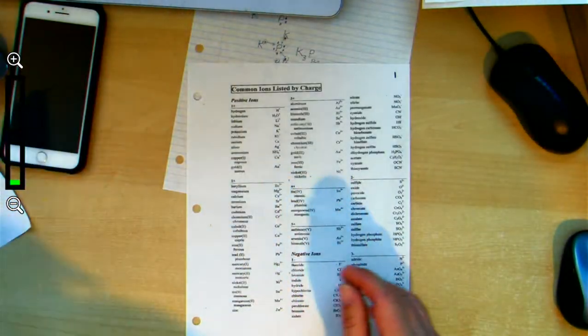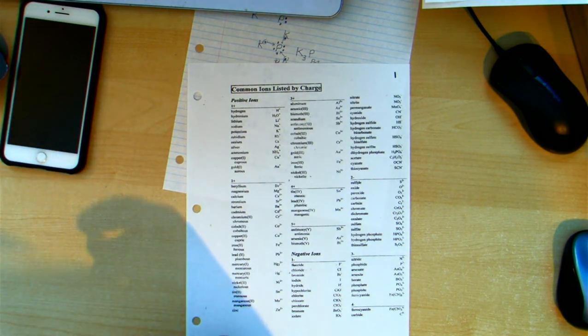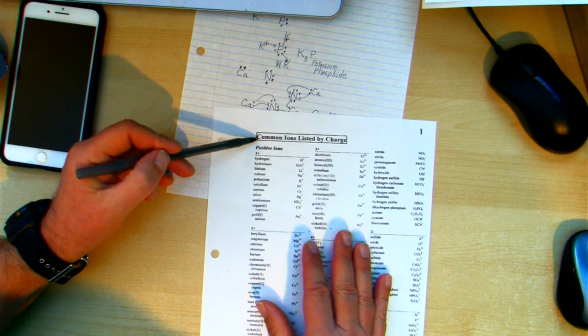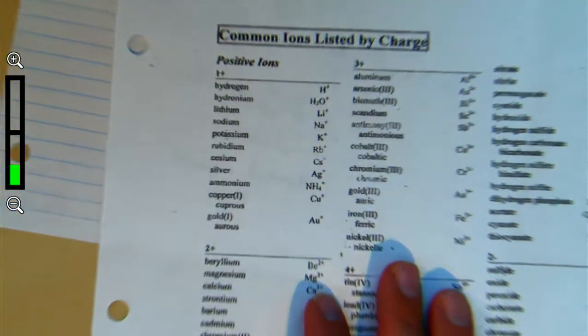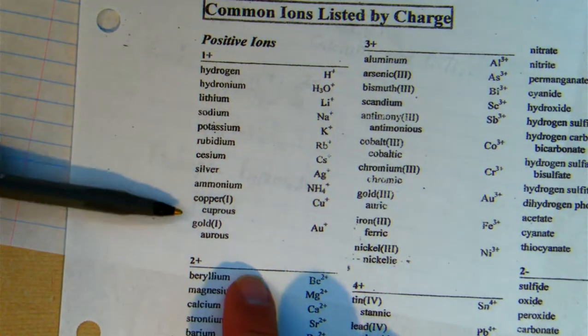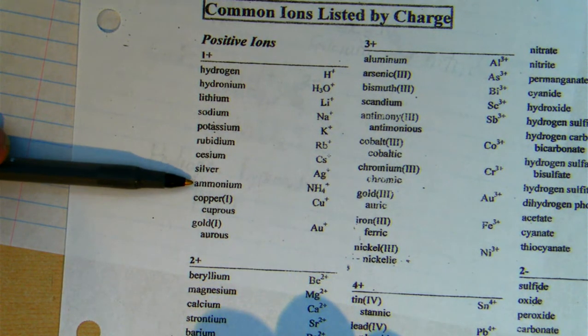There's another list. This one, common ions listed by charge. All the +1 charges. Notice that this list includes the polyatomic ion ammonium.